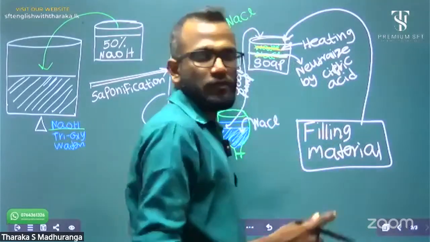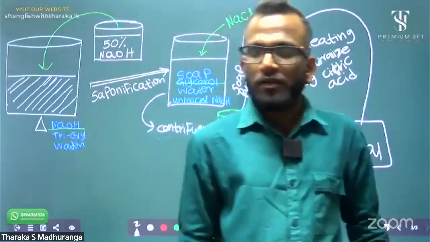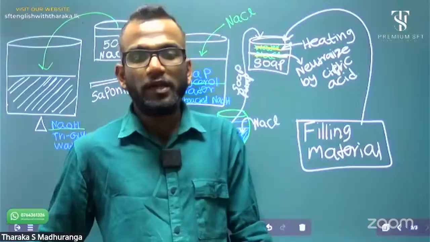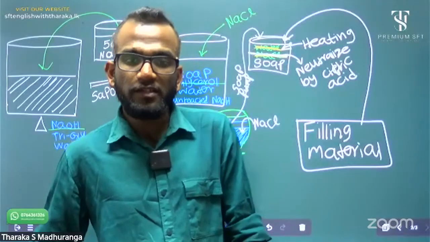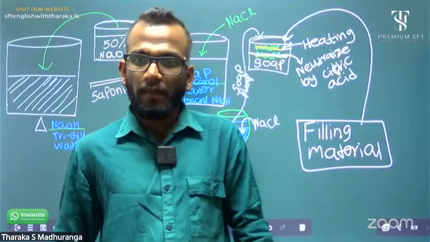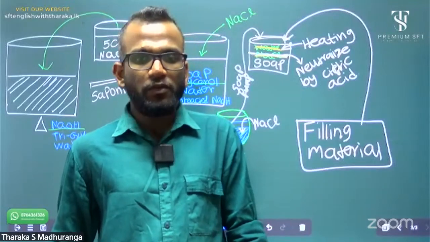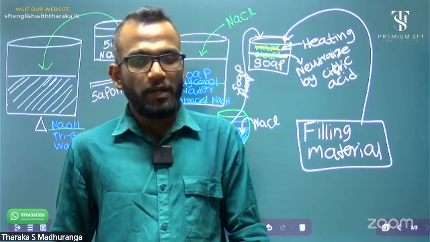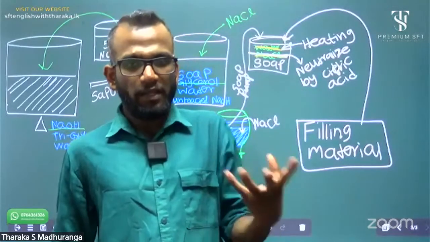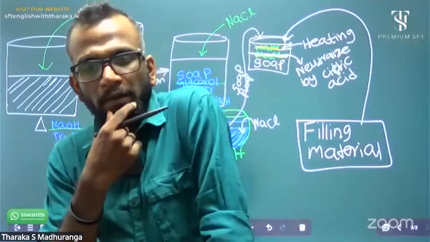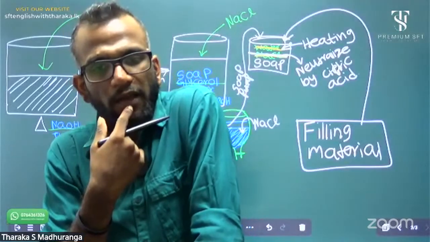Okay, that's the most important, most interesting thing. What do you think are the commonly used filling materials? We commonly use filling material in soap production to increase the quantity.